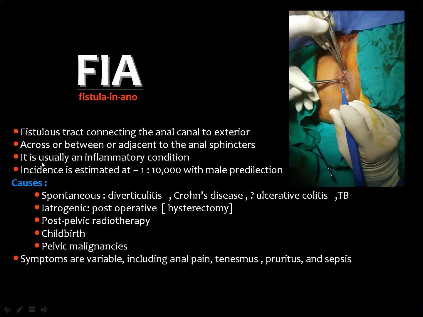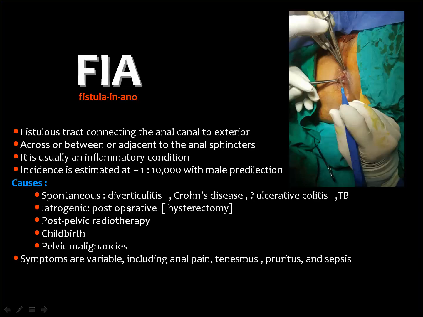Fistula is usually caused by inflammatory conditions, and there is an accepted theory for this pathology I will mention. The incidence is about 1 in every 10,000 of the population, with, they said, evident male predilection.